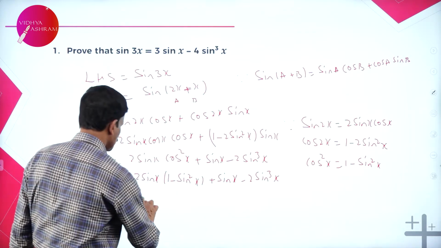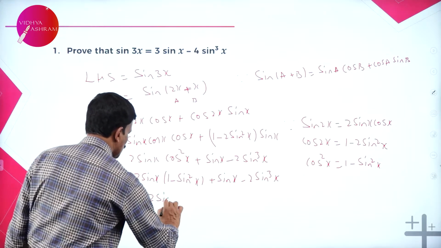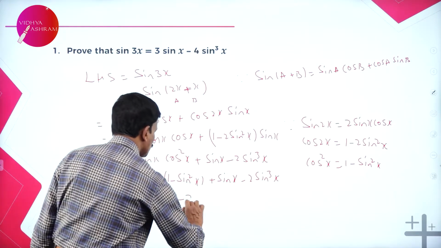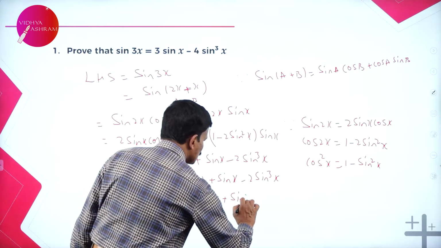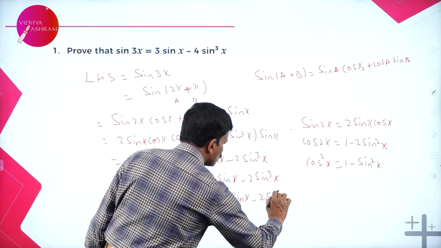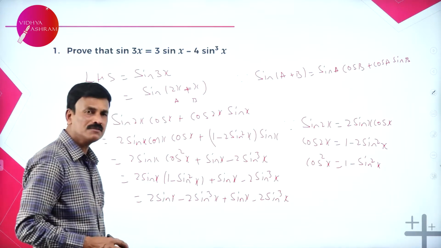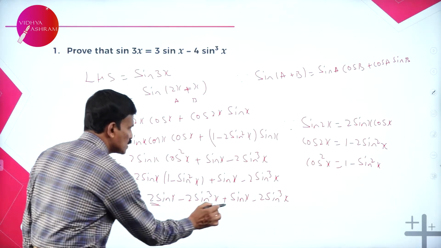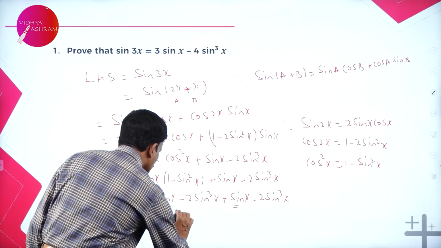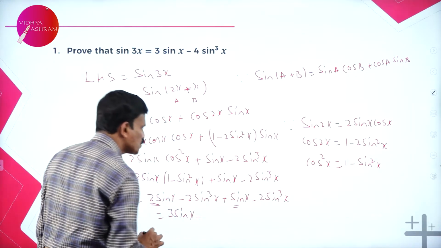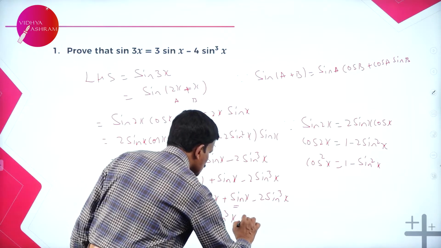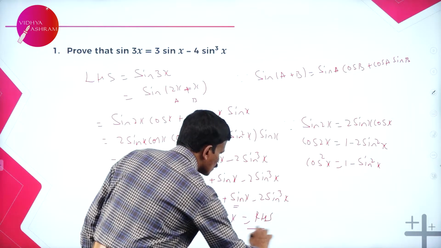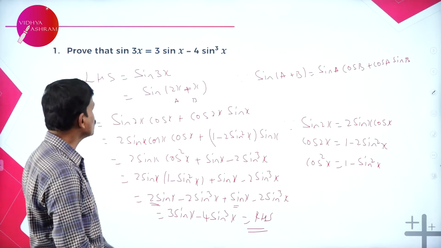Now, simplify this. 2 sin x into 1 is 2 sin x, minus 2 sin square x into sin x is 2 sin cube x, plus sin x minus 2 sin cube x. Now, simplify this. 2 sin x plus 1 sin x is 3 sin x, minus 2 sin cube x minus 2 sin cube x is minus 4 sin cube x. This is the required answer. This is your RHS. That's it. See, what is RHS?